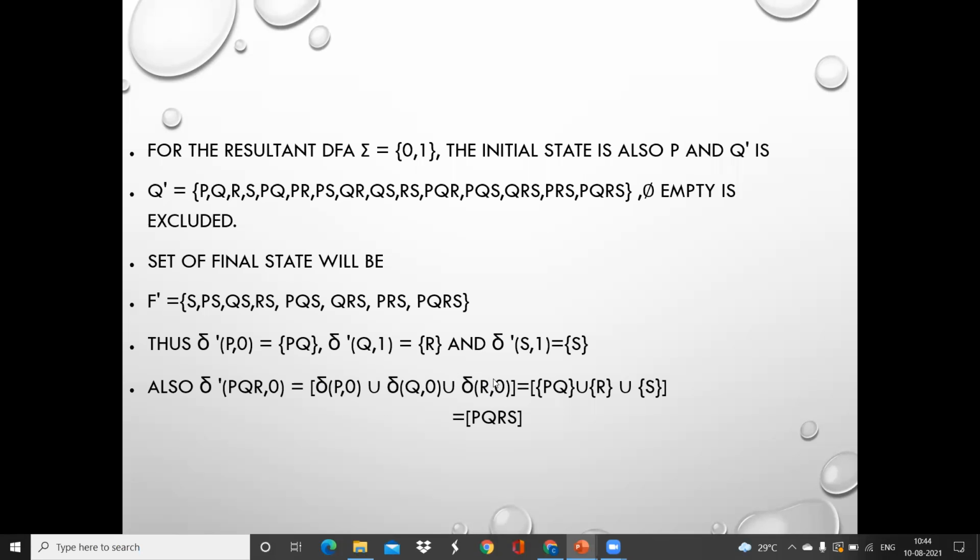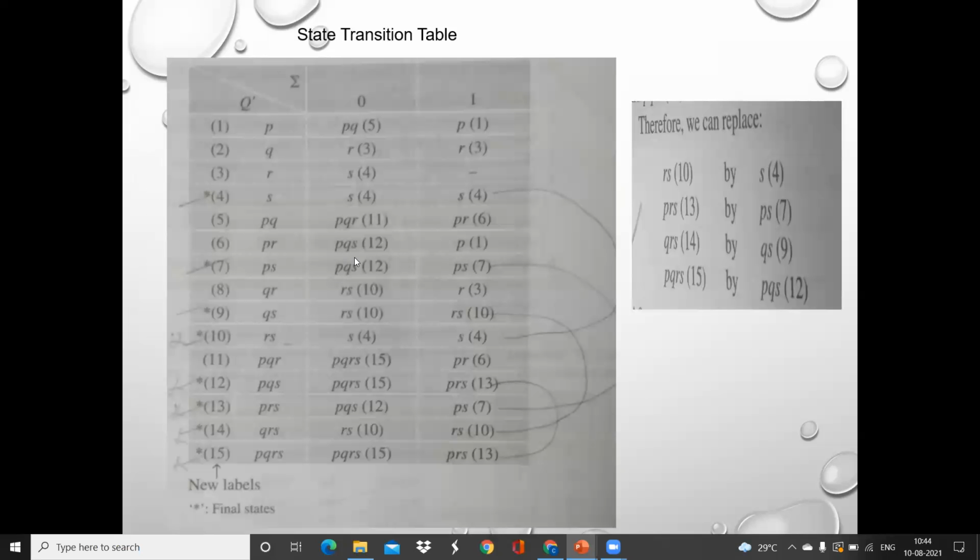So we take the union of these, and the final answer we get is PQRS. So in the resultant DFA, from state PQR on input symbol 0, you will be transiting to the state PQRS. This way, you have to find out the transitions for all these states, and the final answer is here.